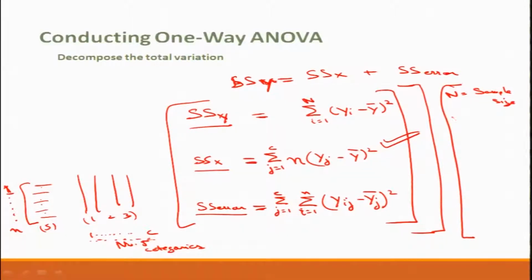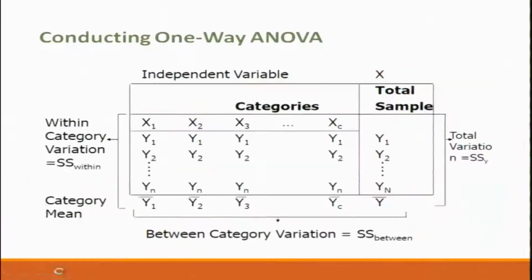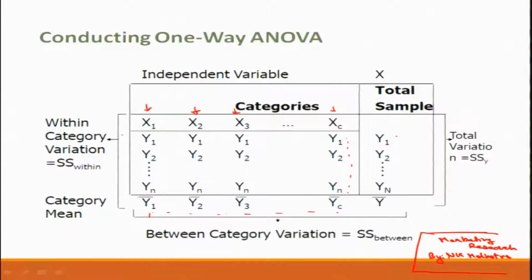Small n is my group size, where capital N is divided into C groups, and therefore C here is the number of categories. So, we have C categories, 1 to C, and 1 to n is my group size.